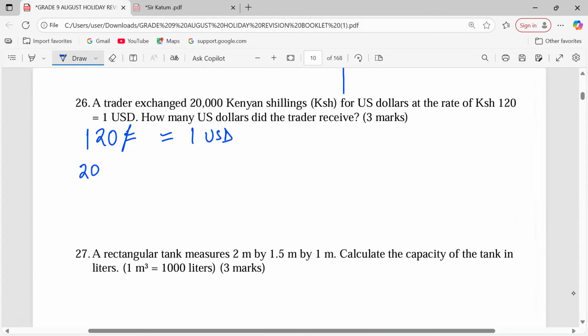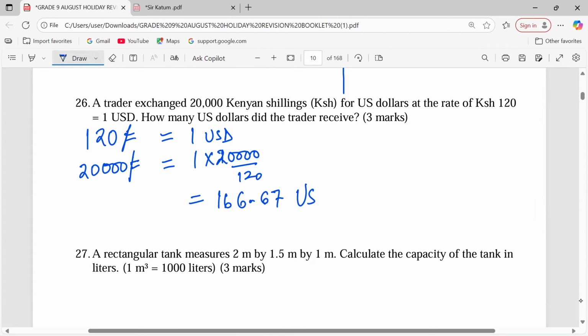What about 20,000 Kenya shillings? 1 times 20,000 out of 120. So it shall be 20,000 divided by 120, giving us 166.67 US dollars. That way.